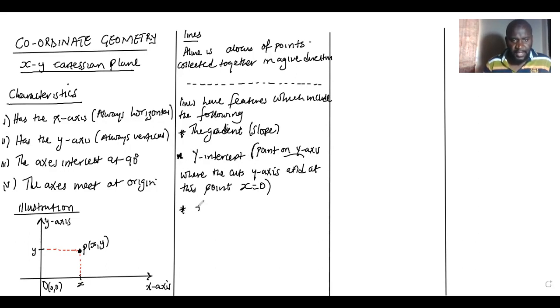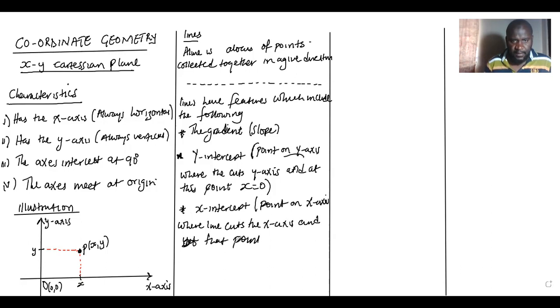Then we also have what we call the X-intercept. For this one, it's a point on the X-axis where the line cuts the X-axis, and at that point, y is equal to 0.